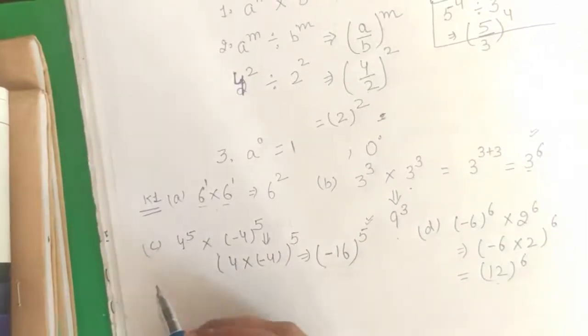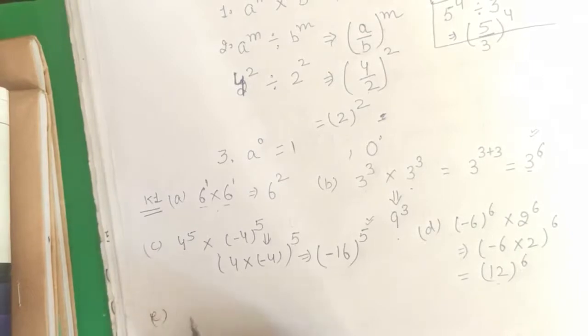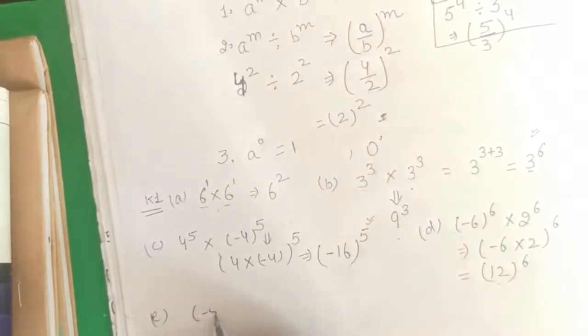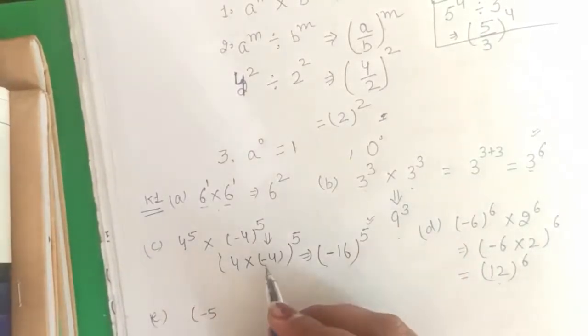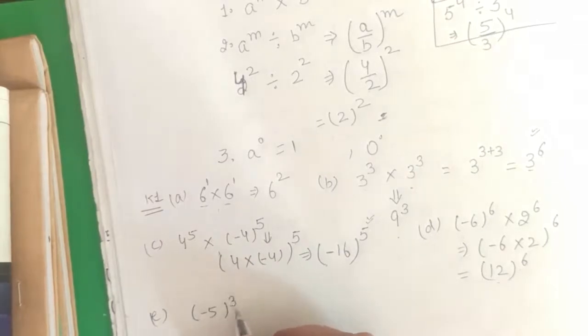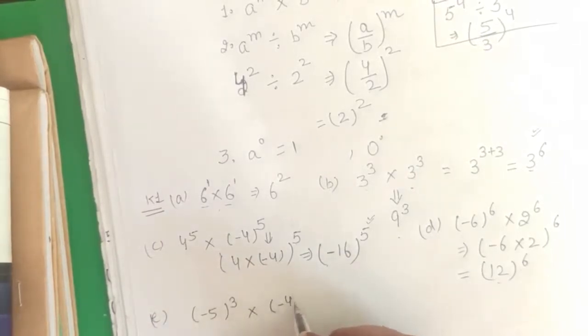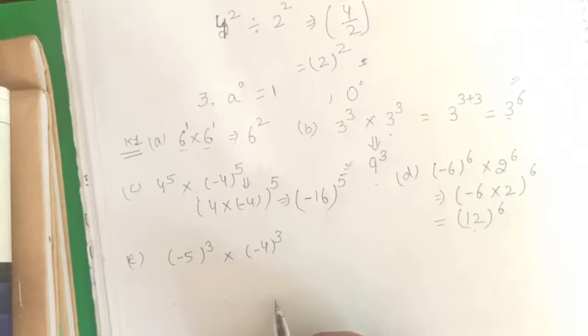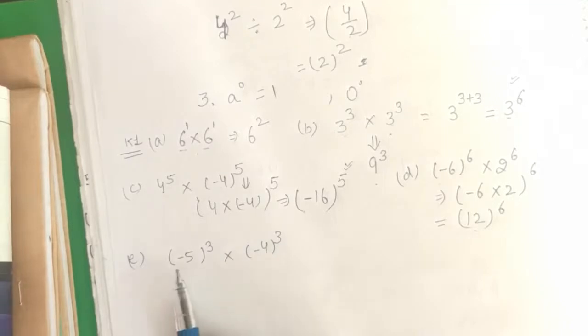Now the E part, that is minus 5 the power 3 multiply minus 4 the power 3. Now is it same? It is same. Again the powers are same, base is different. Right?